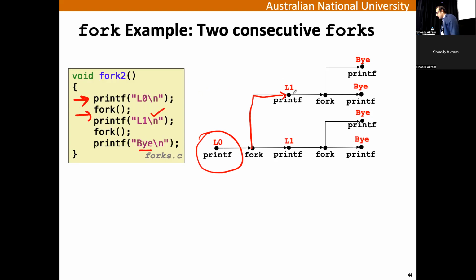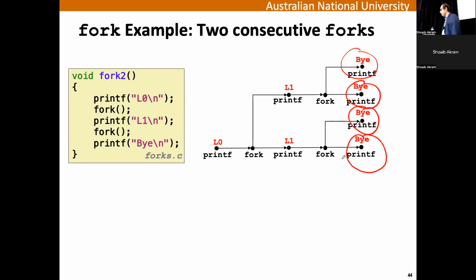So it executes the printf L1, then executes fork, and then we have the bye from the child process and the bye from the original process. And similarly here we have L1 and then the second fork and bye. All right. Does this make sense or no? So we have 4 processes. 1, 2, 3, 4.